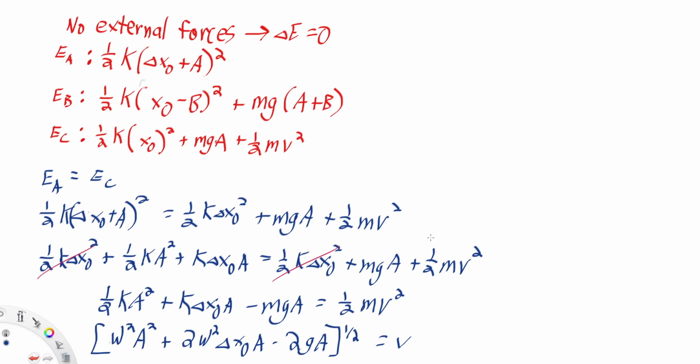Now, for reference, for the horizontal case, this is not the expression we had, right? So in the horizontal spring, we had v at c equals omega a.